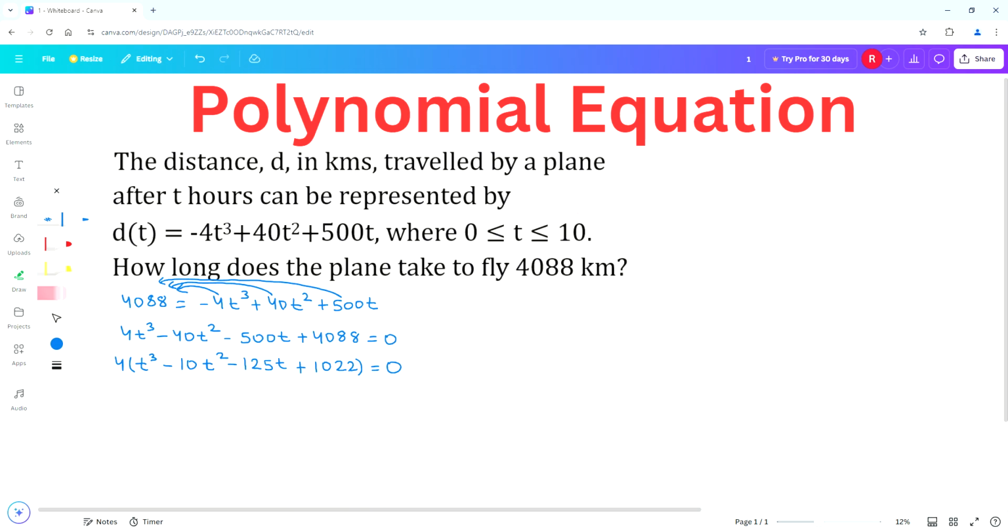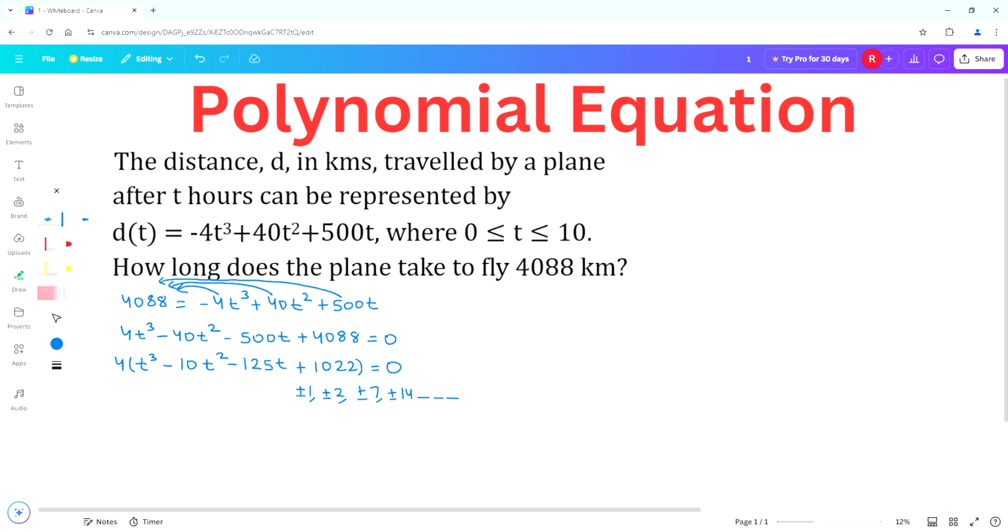Factors are numbers that evenly divide another number. So the factors of 1022 are plus minus 1, plus minus 2, plus minus 7, plus minus 14, and so on.